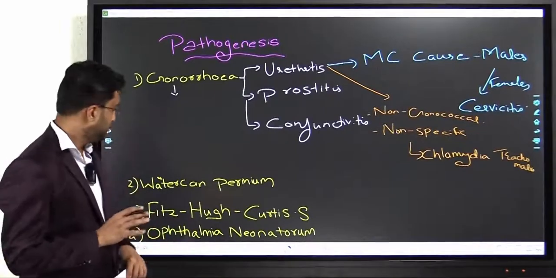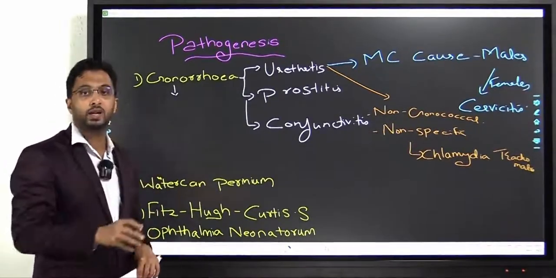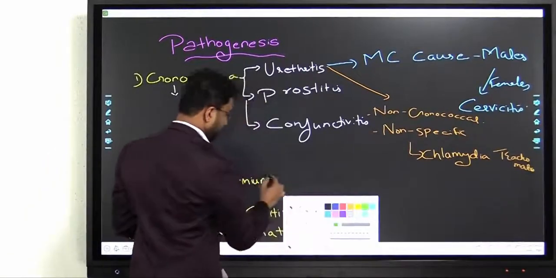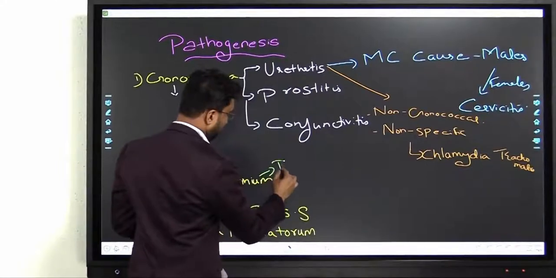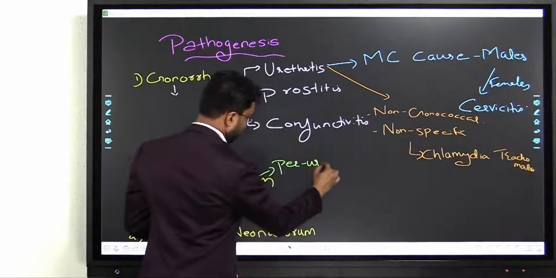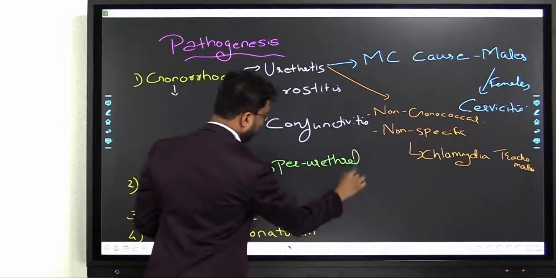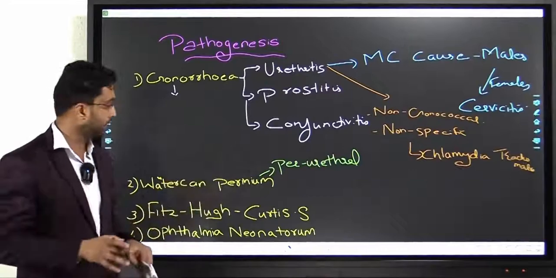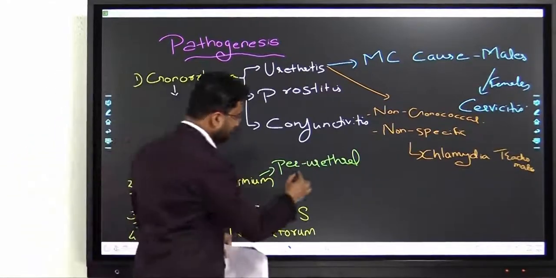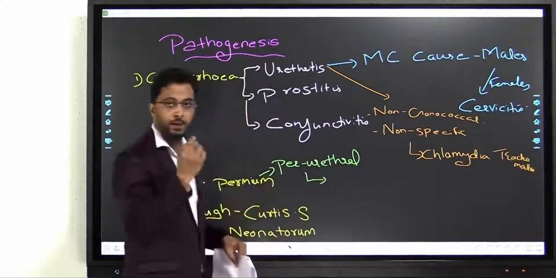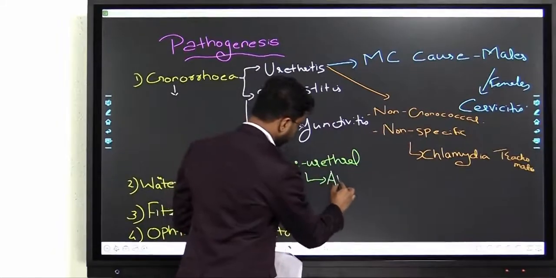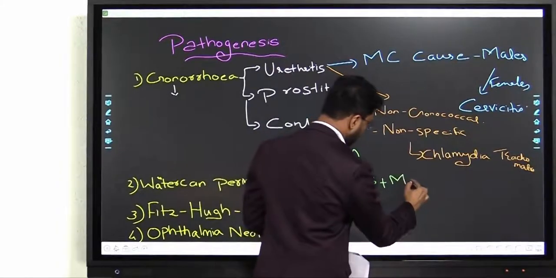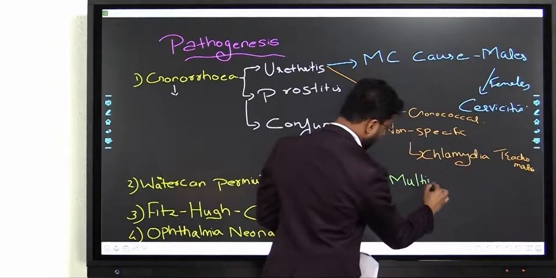So, if this gonorrheal infection infects periurethral tissue, that is tissues outside the urethra or around the urethra, then what is seen is you will see lots of abscesses plus multiple draining sinuses.